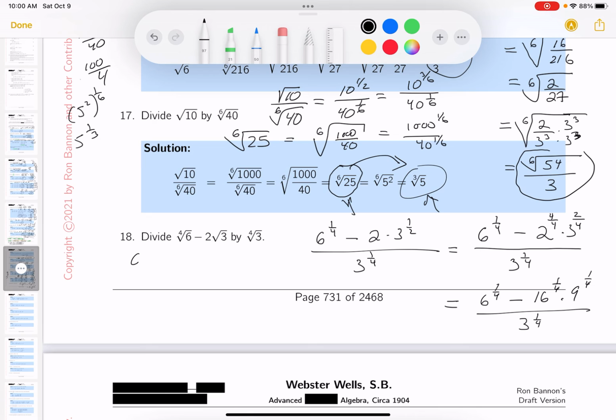So I'm seeing 6 to the 1/4 over 3 to the 1/4, I'll do that later, minus 16 to the 1/4 times 9 to the 1/4 over 3 to the 1/4. All right, now I'm certainly looking at one term at a time. I'm looking at this over here, and that's going to be 6/3, which is 2. That's going to be the 4th root of 2. I'll write that down for you.